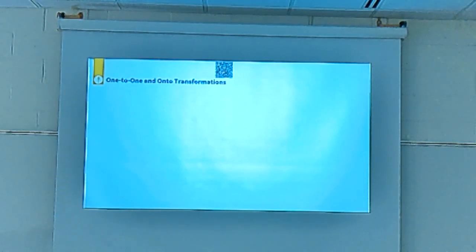It can't map to multiple. Right, so one output having multiple inputs would definitely not be one-to-one though, right?